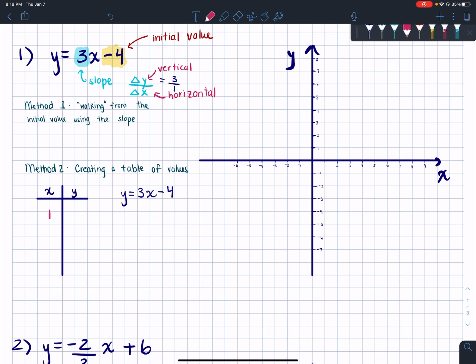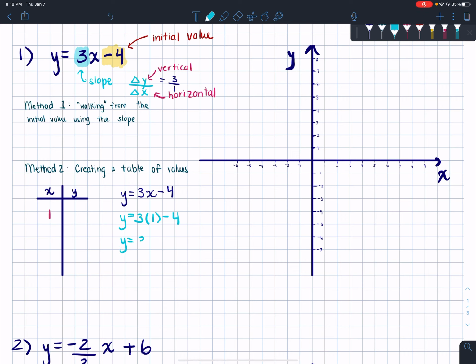Now this is the part where the actual equation comes into it: now that you've picked x is 1, you have to figure out what y is for this particular line when x is 1. The way that you do that is you replace this x with the value of 1, and then you use your order of operations and you solve it.